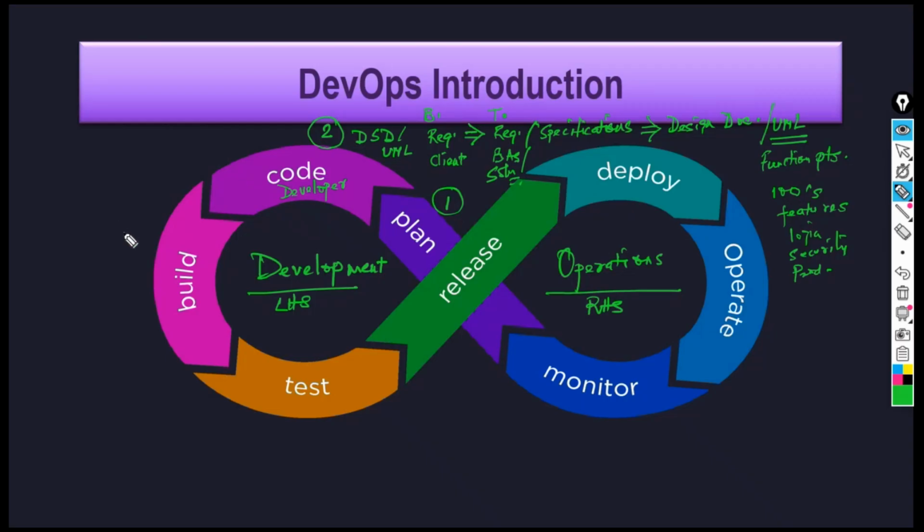The third stage is to build it, because now the compilers, the interpreters, everything has to be there. And basically, it is packaged. It is a software package, not a release package. The release package comes over here.